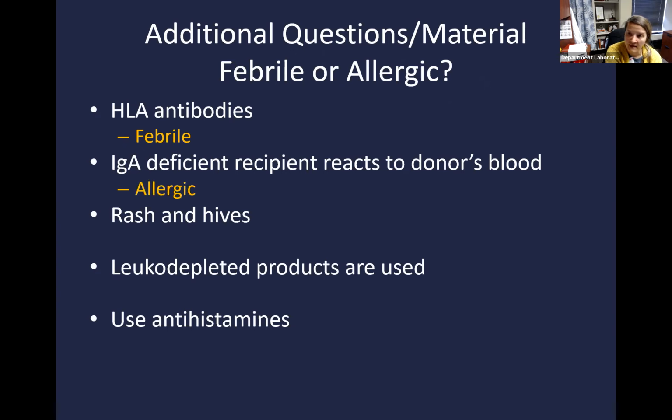One way to prevent that, if you have an IgA deficient patient, is to wash our products, and if it's a plasma product, we would want an IgA deficient donor. Rash and hives are symptoms of an allergic reaction. Leukodepleted products can prevent the occurrence of a febrile non-hemolytic transfusion reaction, and antihistamines can be used to prevent allergic reactions.